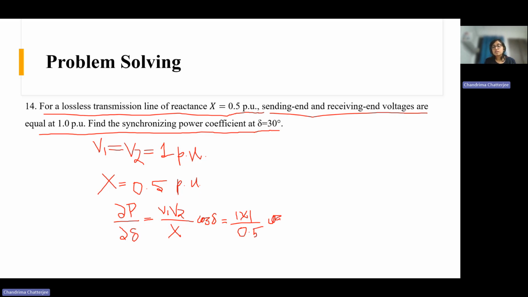So what is the synchronizing power coefficient then? 2 multiplied by cos 30.